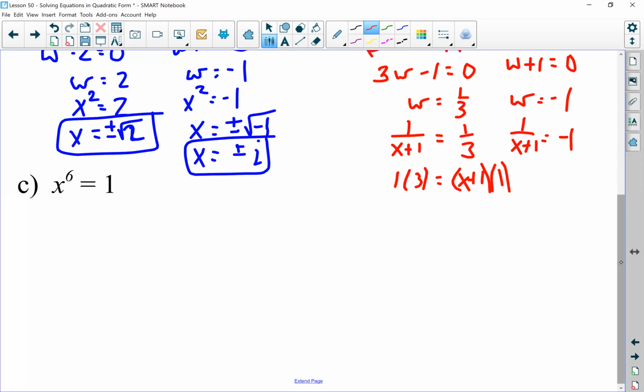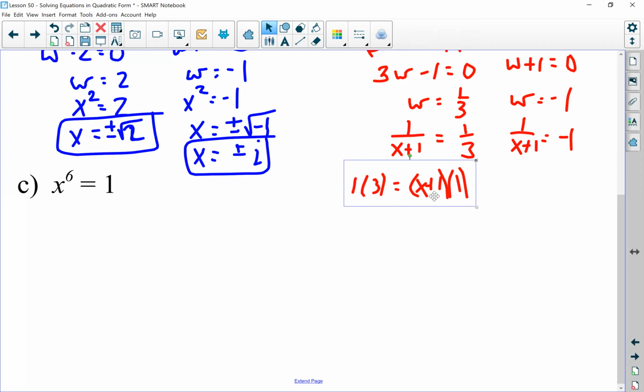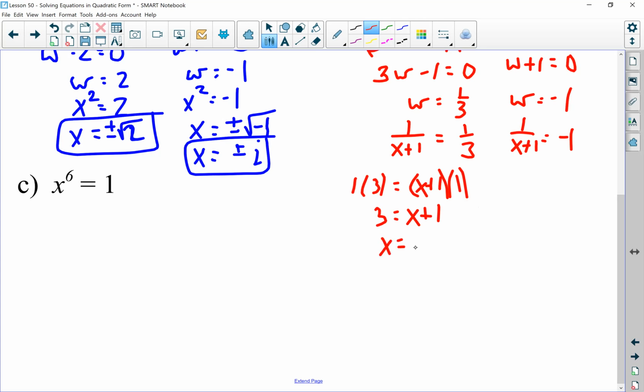And I'm going to move that over a little bit. There we go. So this would be 3 equals x plus 1, or x equals 2.